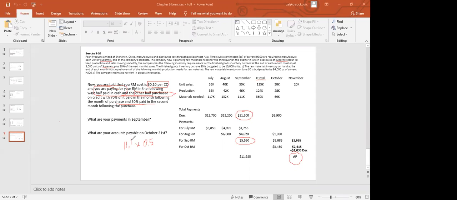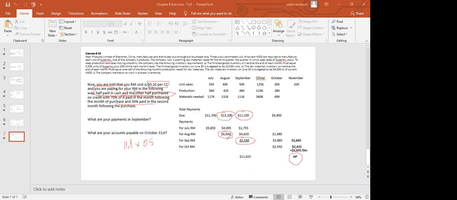Now, what else do I need to pay, you ask yourself, in September? Well, that's it for September, but I have to pay some things from previous months. How much? Okay, well, the August total was 13,200. 50% I paid in August.